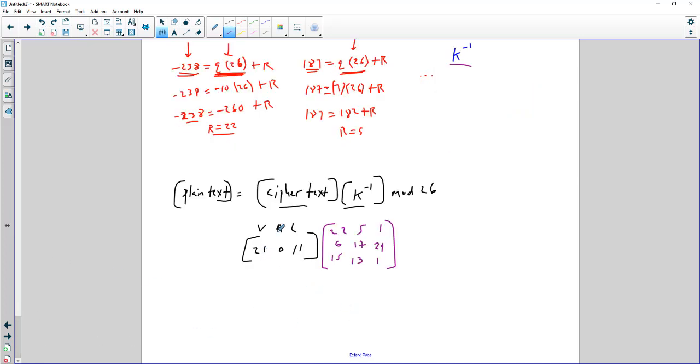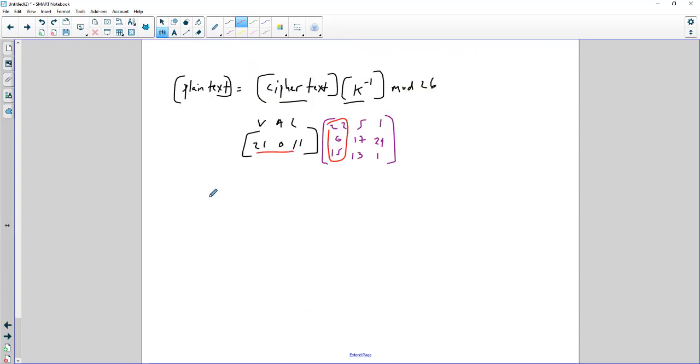We're going to multiply the row against the column, and my answer will be a 1 by 3 again. I'm actually not going to bother multiplying the middle one. I'll show what I'm doing. 21 times 22. And then what I'm really going to do is add 0 times 6, which I just know is 0, so it's not going to be any point. 11 times 5 plus 11 times 15. And then we do this again, this row over this column, and so forth.